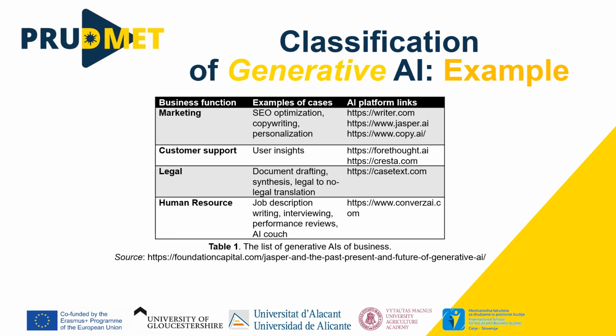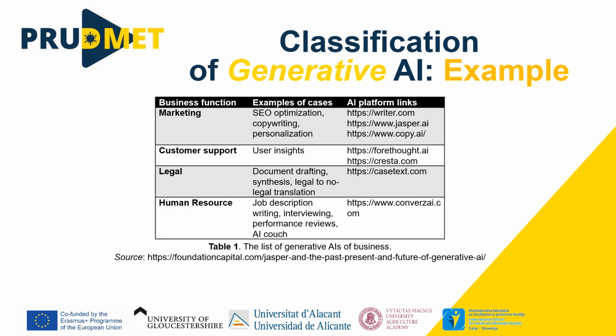Classification of generative AI applications. This slide represents that specific business functions, such as marketing, customer support, and human resources, can be solved using generative AI tools. For instance, copywriting skills can be advanced using the Jasper AI solution.